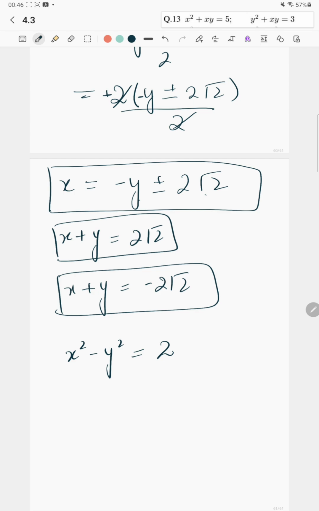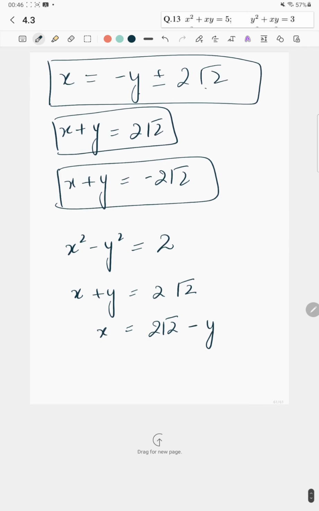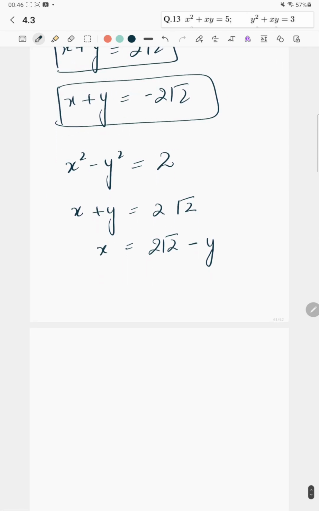So what we can do is write x plus y is equal to 2 square root 2, so x is equal to 2 square root 2 minus y. So taking this equation, substituting the value of x, 2 square root 2 minus y, in x square minus y square is equal to 2.